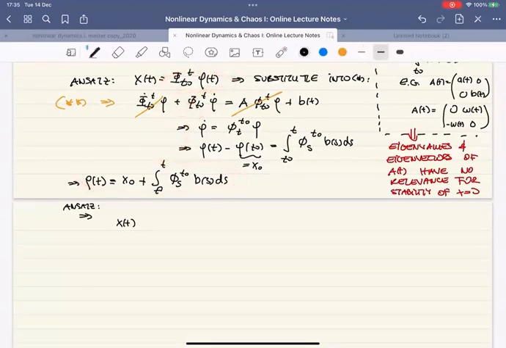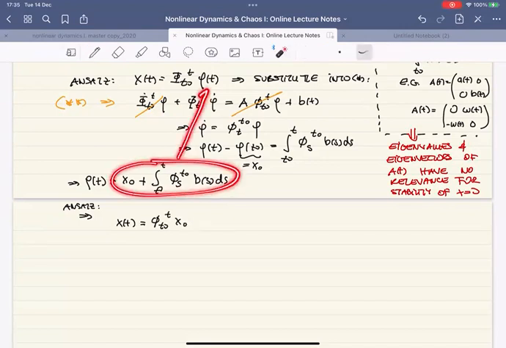So when I do that, I get x of t equals phi t naught t, first acting on x naught, right? Because I'm plugging this one in place of phi. So then the fundamental matrix solution first multiplies x naught, and then the fundamental matrix solution will multiply this integral.